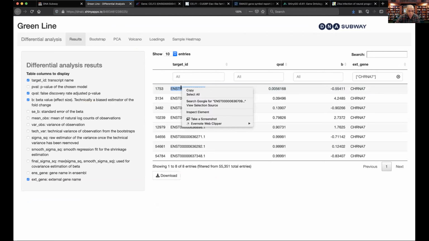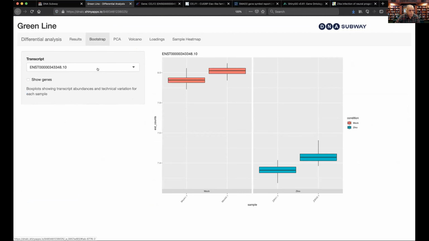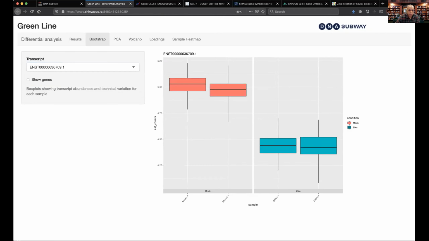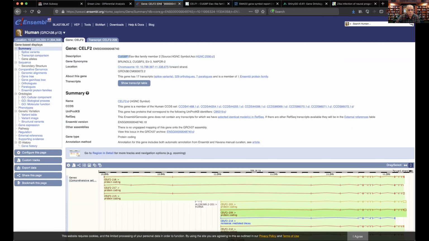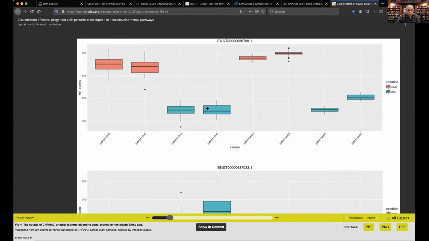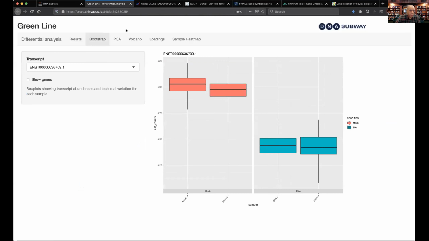And if I just copy that, hopefully I copied it, and then go to our bootstrap, we should also be able to paste it in and hit enter, and also see that in the mock, it's higher, and the Zika, it's lower. Now, oops, I wanted to kind of go mock higher, Zika lower. There it says the estimated number of counts is between 400 and 500. If this is right, then maybe that's about the same thing, although we did not use all of the data that they used in this paper. We used a subset, but that's what you expect to see, that it's corresponding to the paper.